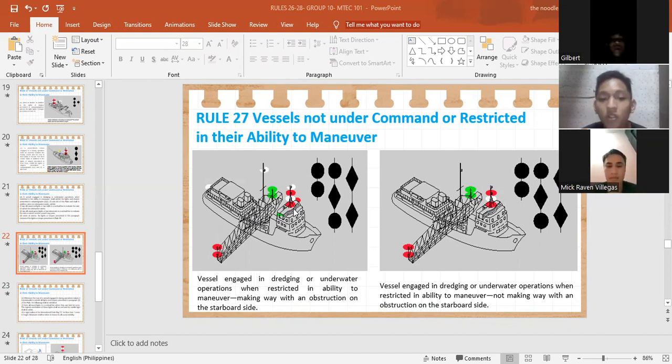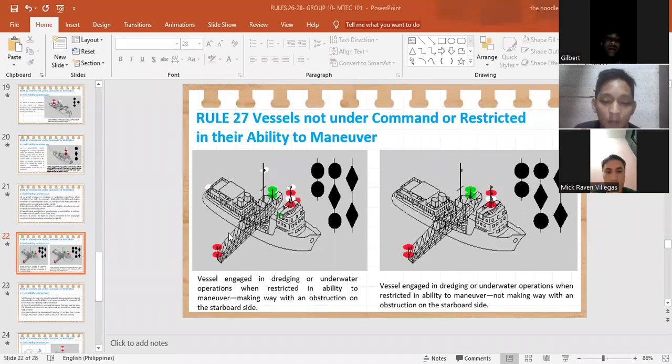So for dredging underwater operations, what Gilbert explained is that the red light he has been seeing on the starboard side indicates that the vessel is engaged in dredging or underwater operations.